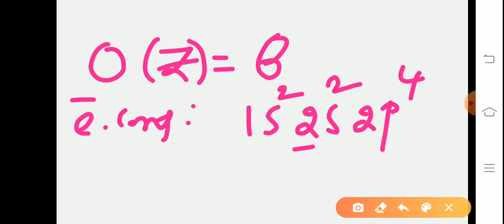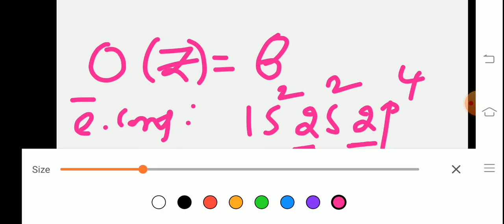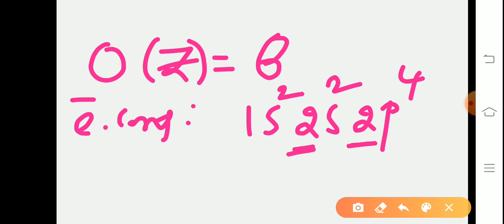The main shell, the n value, is the same. That's why, if it contains a p subshell, you should consider the last two subshells to find its group, not period.